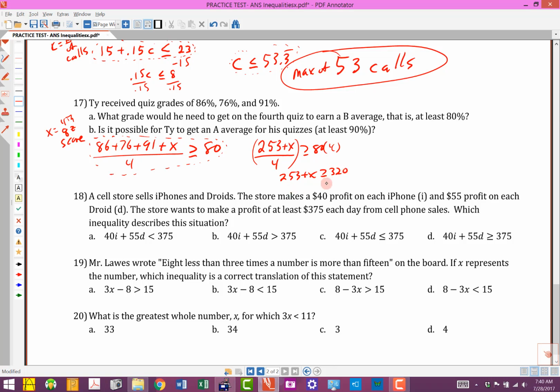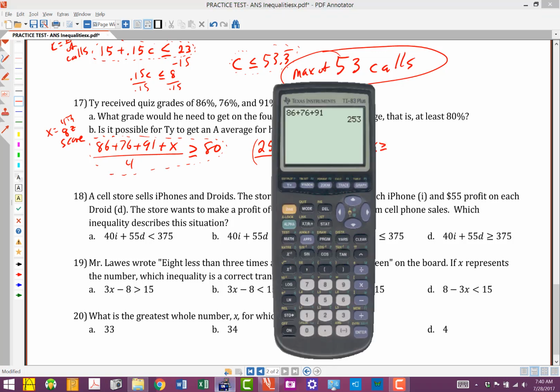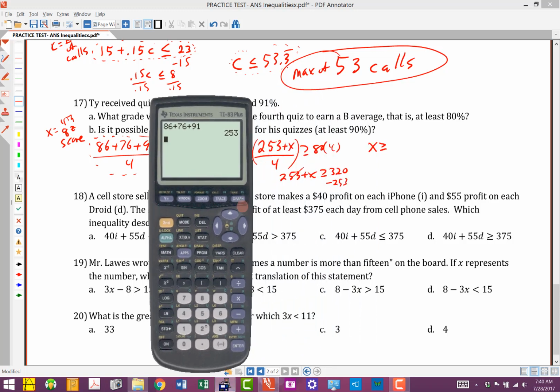And then we're going to subtract that 253. So if we subtract the 253, we end up with X is greater than or equal to, let's see, what have we got here? 320 minus 253, and we end up with 67. There you go.